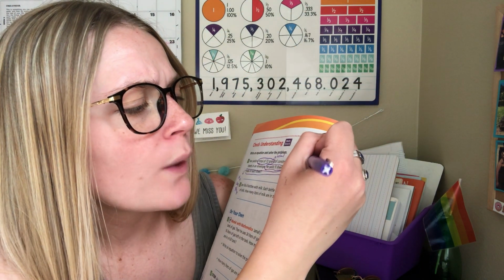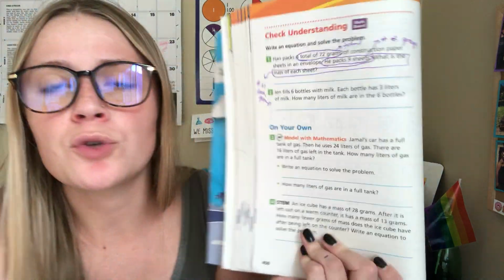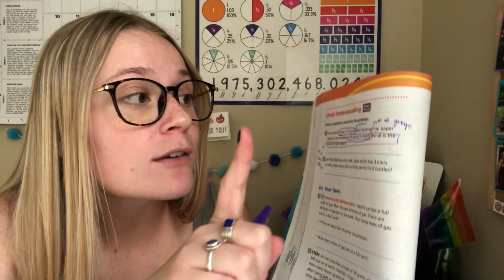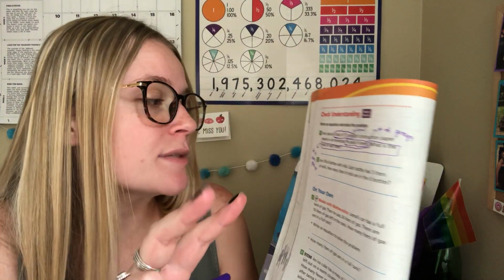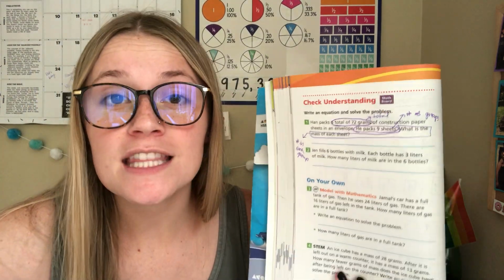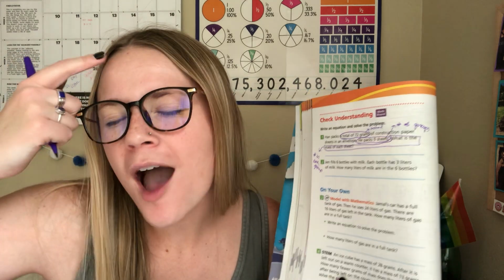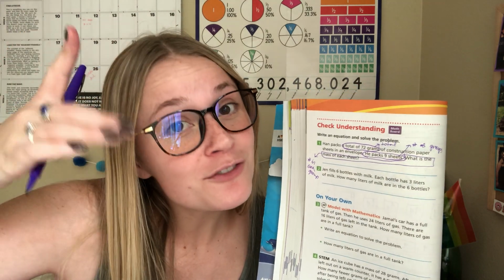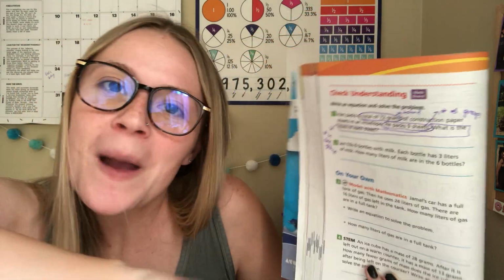So how do I know which kind of equation to write? I know my total. I know my number of groups. I'm trying to find the number in each group. That's my division equation.